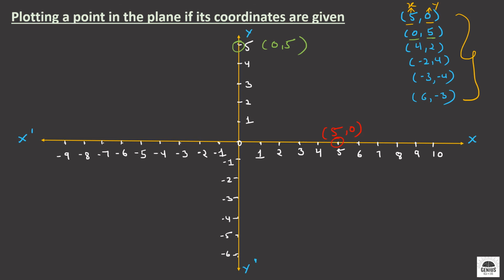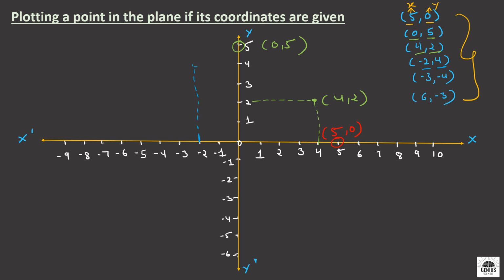Now the next is 4, 2, which means the x coordinate is 4 and the y coordinate is 2. So this point shows 4, 2. Now the next is -2, 4, which means the x coordinate is -2. So -2 is here and the y coordinate is 4.